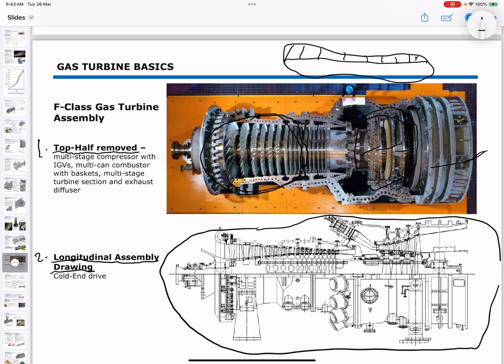Now we're going to move on to the longitudinal assembly drawing. The longitudinal assembly drawing of the gas turbine shows detailed internal parts and how they are assembled together. The precise distribution of different parts like the compressor, combustion chamber, and turbine can be observed, as well as the connections and bearings that support the smooth rotation of moving parts.